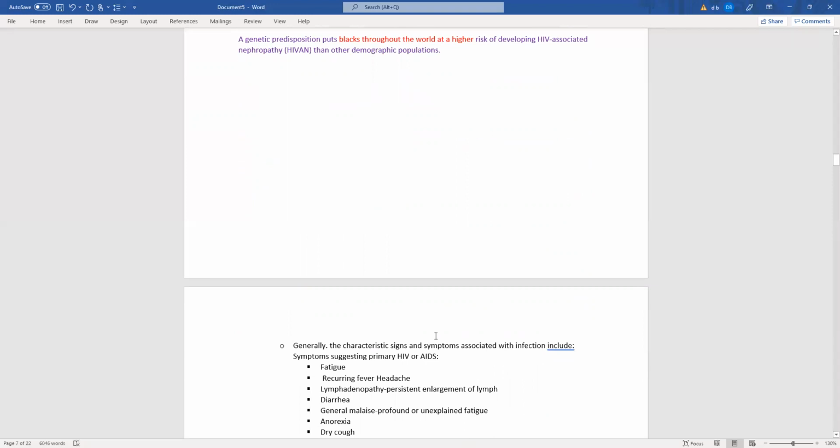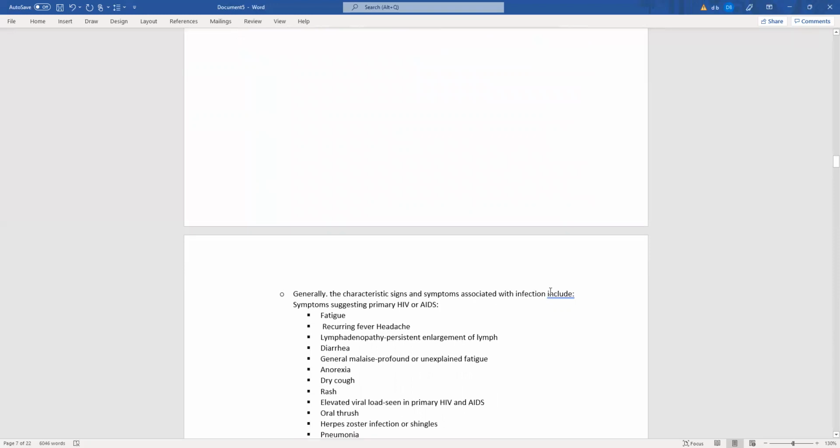Anyway, generally the characteristic signs and symptoms associated with infection include symptoms suggesting primary HIV or AIDS. So the person might have fatigue, recurrent headache, lymphadenopathy, persistent enlargement of the lymph nodes.